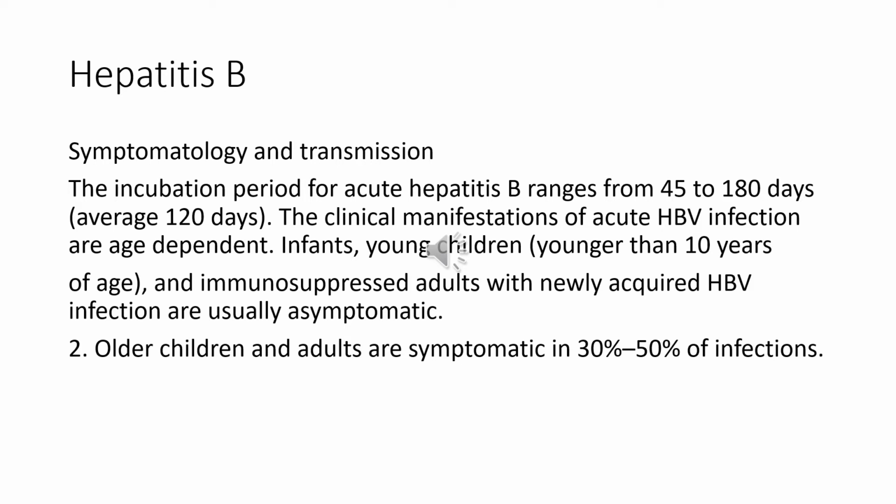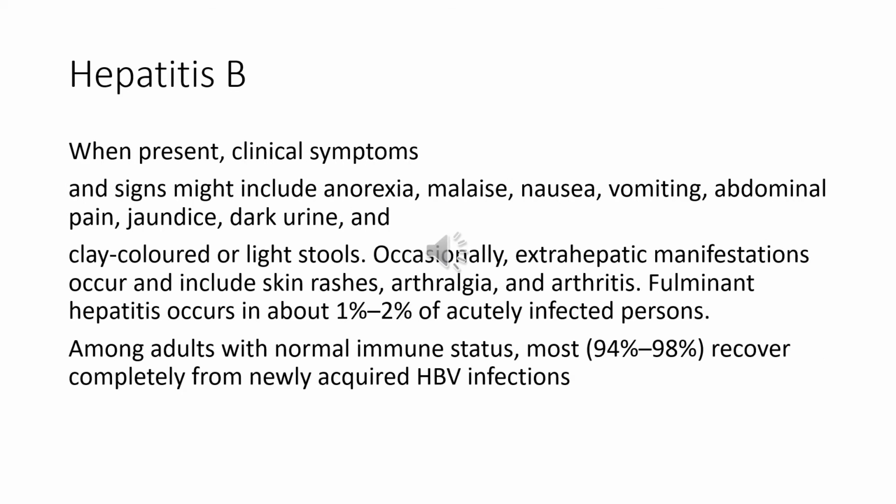The clinical manifestations of acute hepatitis infection are age-dependent. Infants, young children younger than 10 years of age, and immunosuppressed adults with newly acquired hepatitis virus are usually asymptomatic. Older children and adults are symptomatic in 30 to 50% of infections.